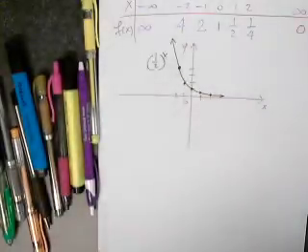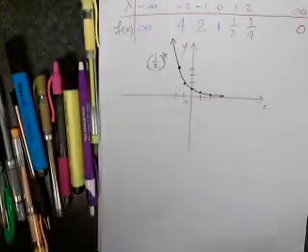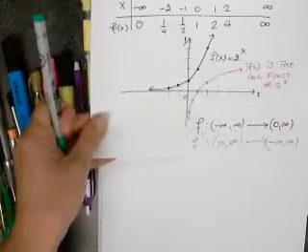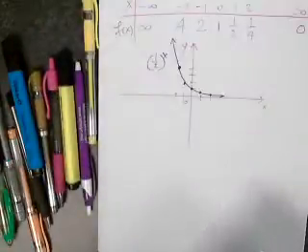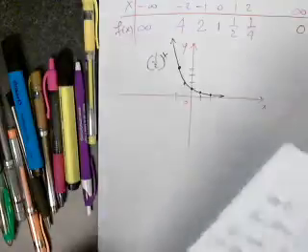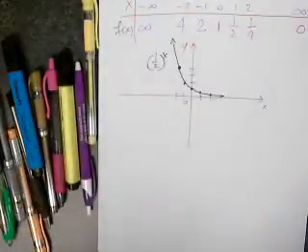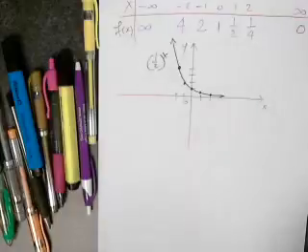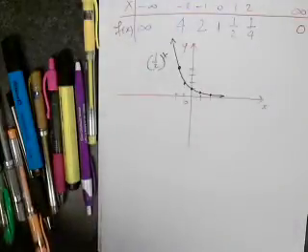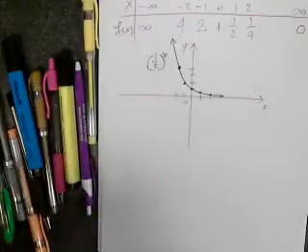We notice right away that this function, in comparison to this one, with the base greater than 1, is a function that is always decreasing. So when the base is less than 1, the function will always be decreasing. Is it 1 to 1? It will have an inverse function. What do you think the inverse function will do?